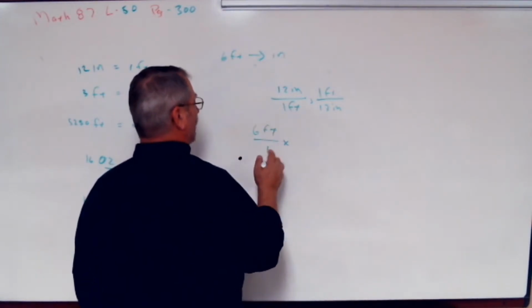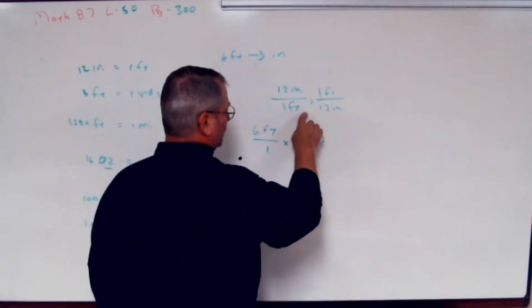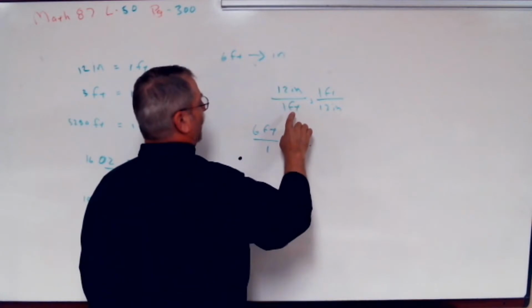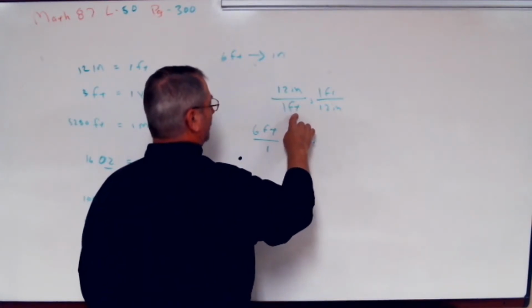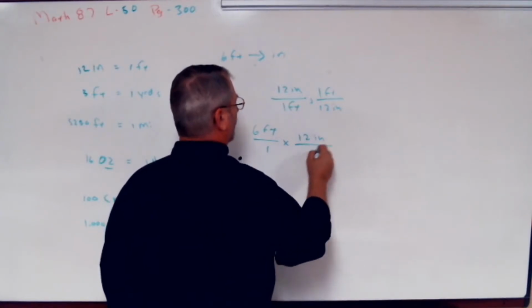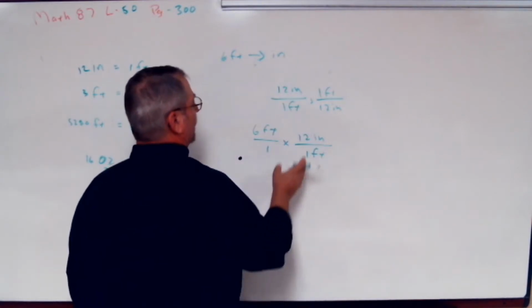So our goal here is to get rid of feet. Feet is on the top here. So I want to pick either the first one or the second one to be able to cross-cancel the word feet. So I want this one because feet is on the bottom here. So you write down 12 inches over 1 foot, right here.